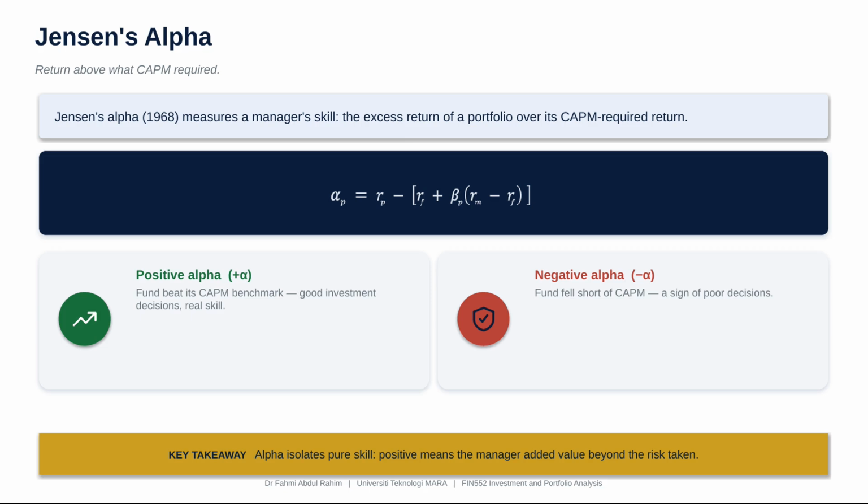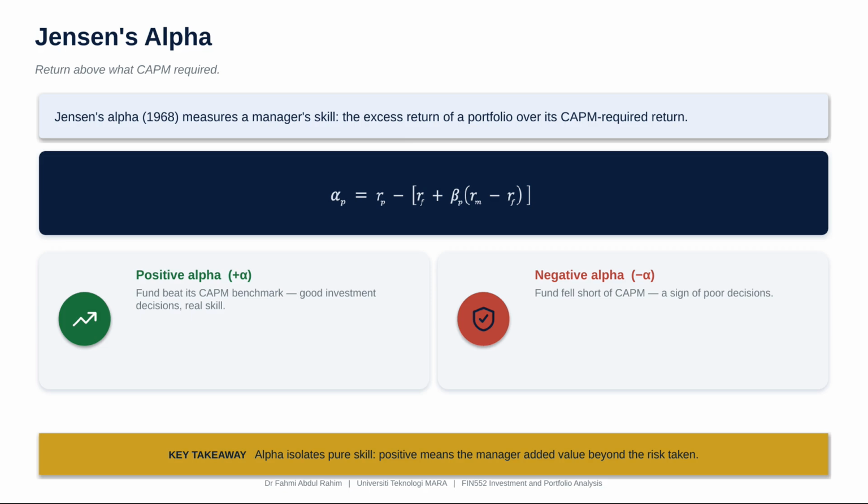The formula in the navy box is alpha sub P equals the portfolio's actual return, R sub P, minus the return the CAPM said it should have earned, which is in the brackets: the risk-free rate, R sub F, plus beta sub P times the market premium, R sub M minus R sub F. So you compute what the CAPM required, given the portfolio's beta, and then ask, did the manager beat that or fall short? The sign of alpha tells the story.